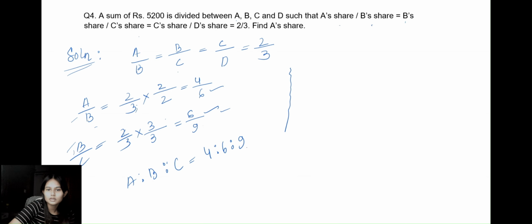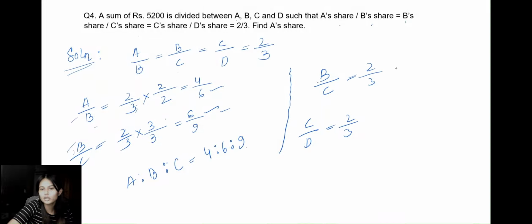Now for B by C and C by D, this is also given 2 by 3 and 2 by 3. Now to equate this, again we have to multiply by 2 and 2, and 3 and 3.